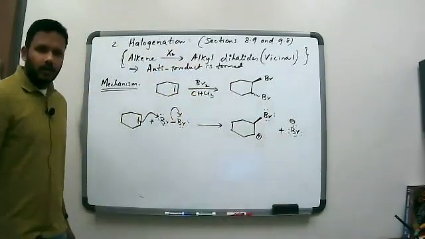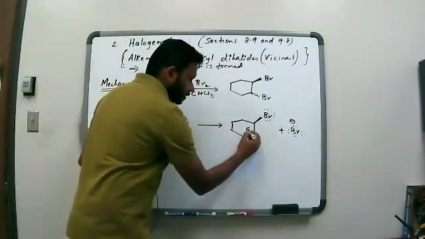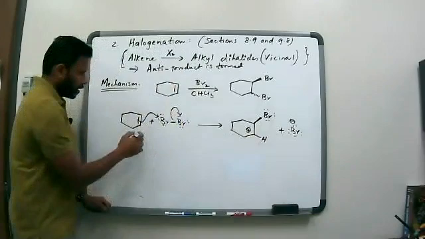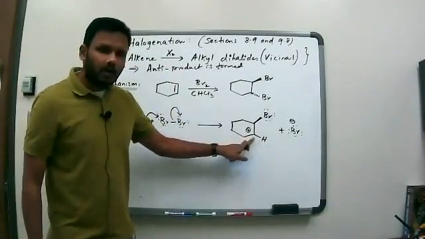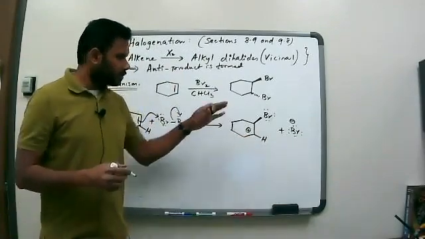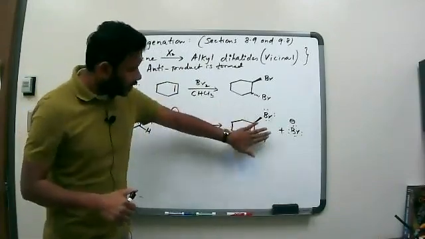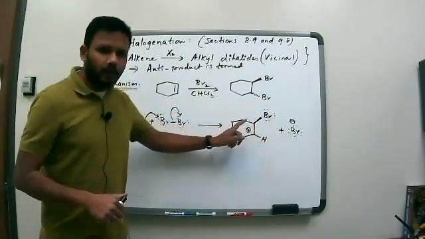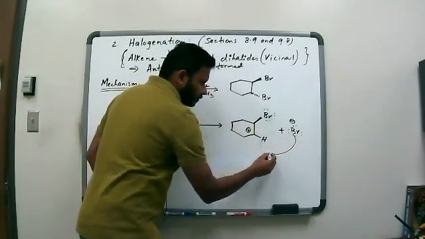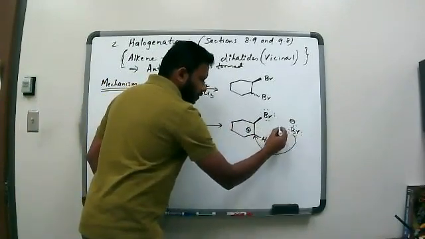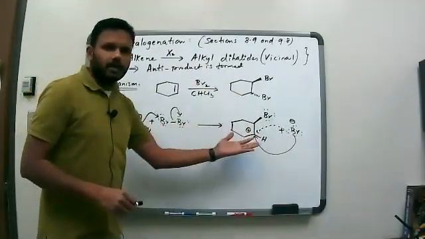Now, if this is how the reaction proceeded, once this carbocation forms, I'm drawing out that hydrogen because I want to show some stuff over there. Remember that the carbocation is trigonal planar. There is a p orbital that is here. So the bromide could now come and attack it from the top face, or it could attack it from the bottom face, or like from the front or from behind in some sense.